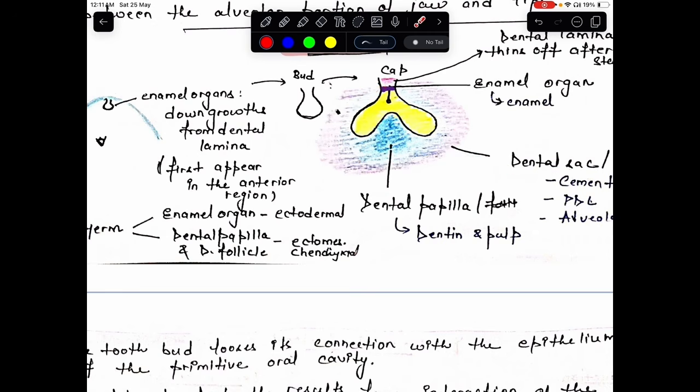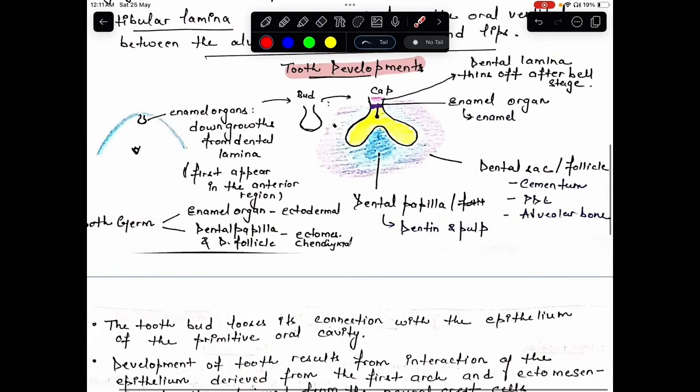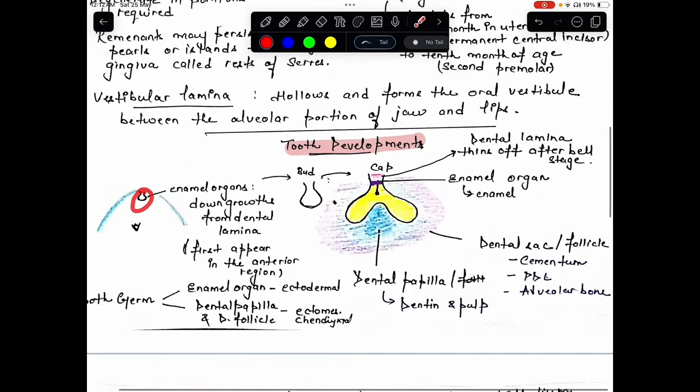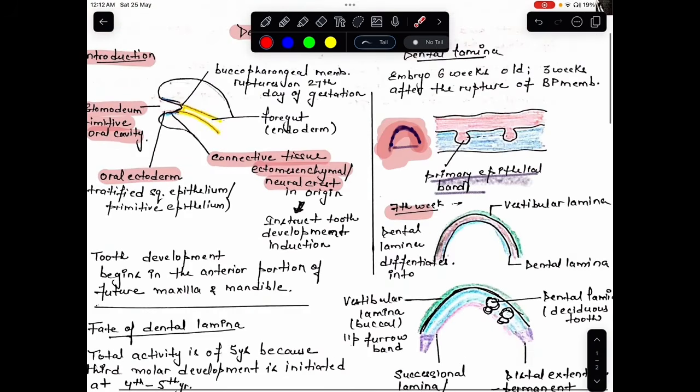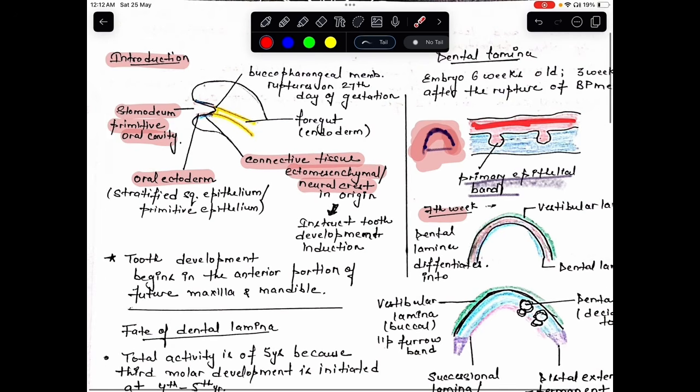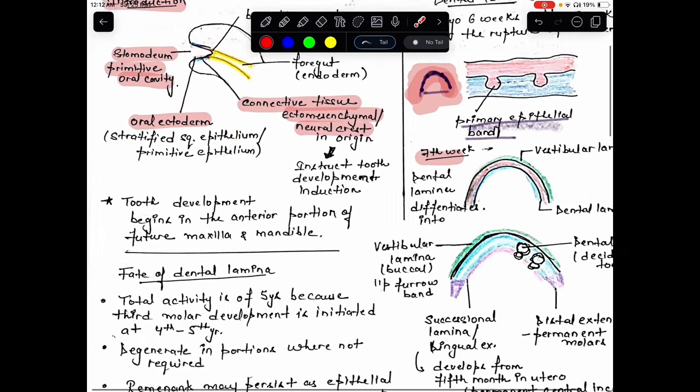Now, one important thing: the enamel organ is ectodermal in origin. How is this ectodermal? Because we saw that this bud-like thing developed from the oral ectoderm, which was derived from the ectoderm.